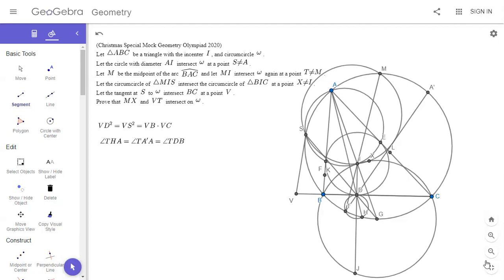I'm just trying to think through how we would prove that. We want to show angle ASG is equal to angle ASD. Like G?